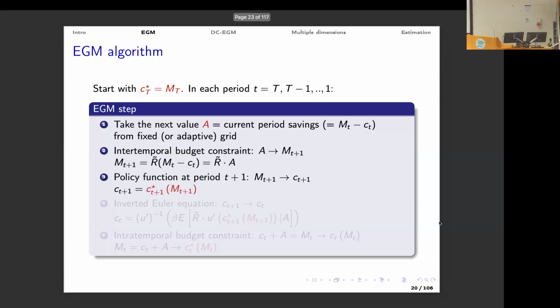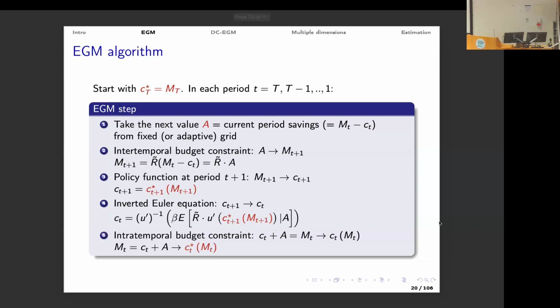So we will be able to calculate the optimal consumption in the next period, T+1. Okay, and then we have the Euler equation. The Euler equation will put into correspondence the optimal choice tomorrow with the optimal choice today. And if you have the luxury of inverting the marginal utility, then this is analytical. And so what we get is the point which is the optimal consumption in period T. And we started with some savings level in period T.